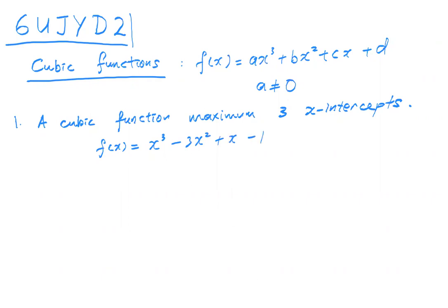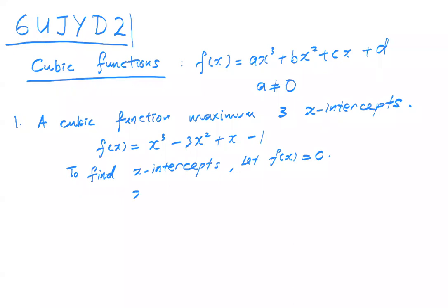Okay. To find the x-intercept, we must let f(x) equal to 0. Am I right? So you see, I write it in a different way now.